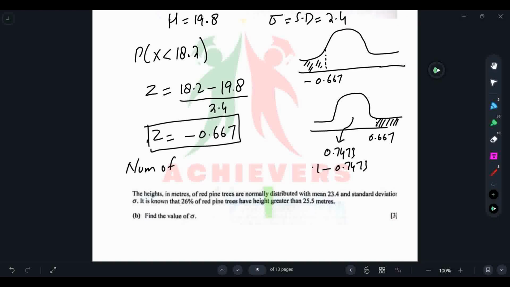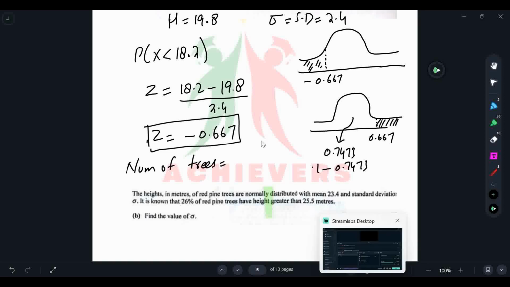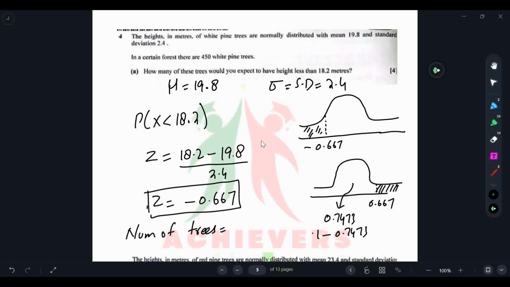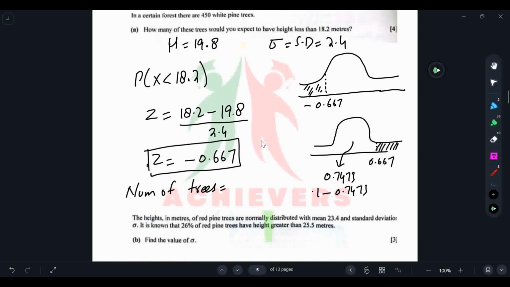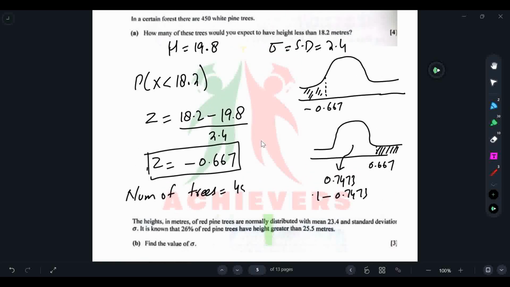Now what we have to do is find out the total number of trees. There are 450 white pine trees. So for all these trees we need to multiply 450 by 0.2527.